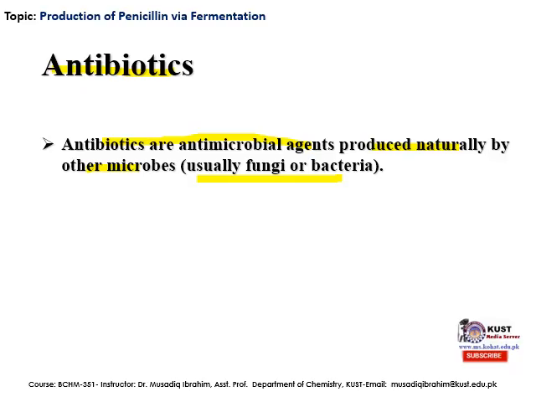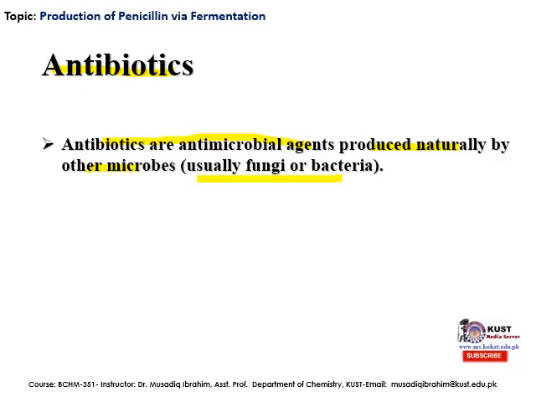Now, the important thing here is that the microorganisms produce primary metabolites and secondary metabolites in their metabolism, and most of the secondary metabolites are beneficial and some of them are antibiotics.